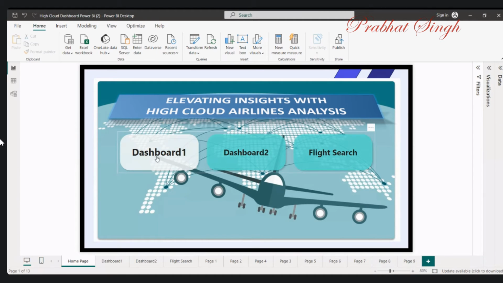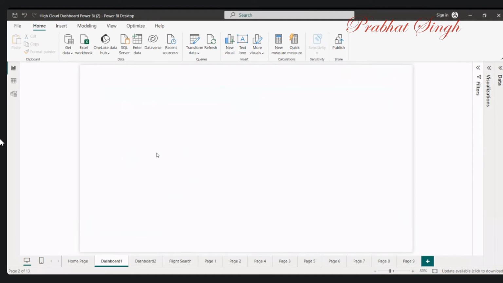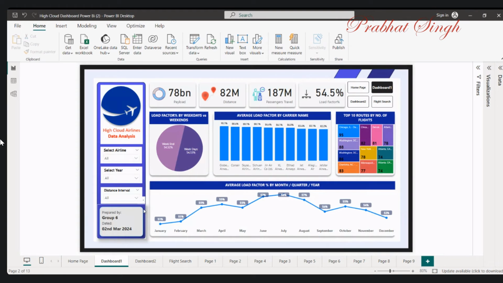No problem, sir. This is Supriya from Group 6, and as we can see here on dashboard 1, it is 78 billion payload, 82-meter distance, 187-meter passenger travel, and 54.5-meter load factor. Here we can see the load factor by weekdays versus weekend.